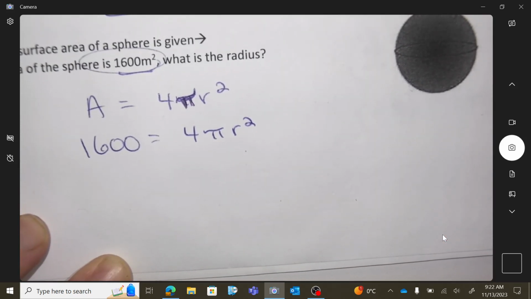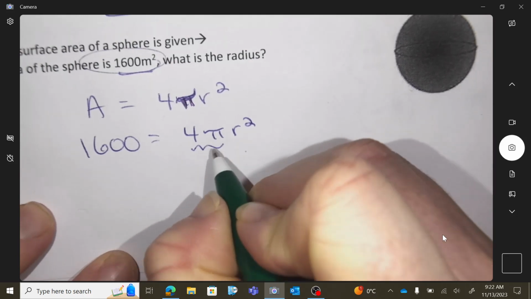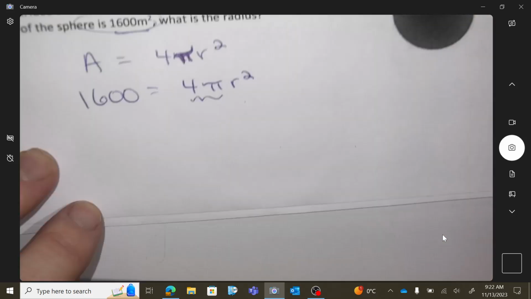Okay, so now I put 1600 in to the area spot. So on this one, what am I going to do? I'm going to times those together.